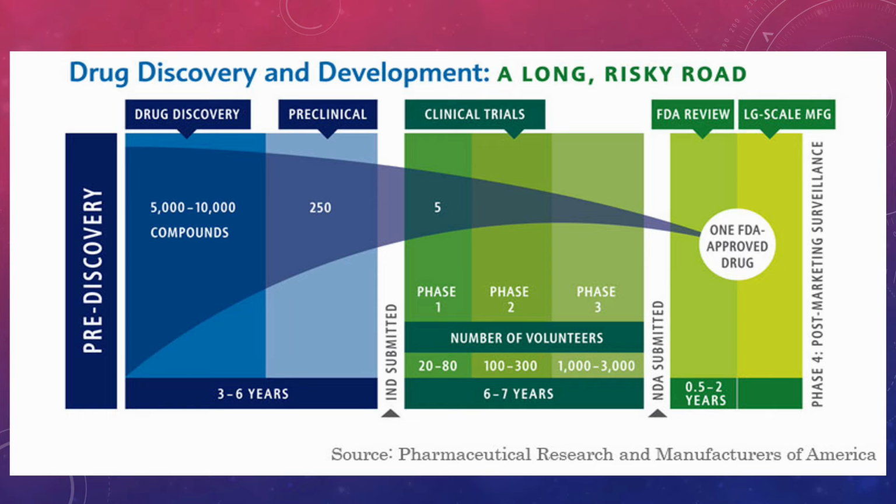Next, we have phase 2, proof of concept or efficacy studies. So in the event of positive safety results from phase 1, the drug developers now can apply for permission to take the next clinical development step, which is phase 2.